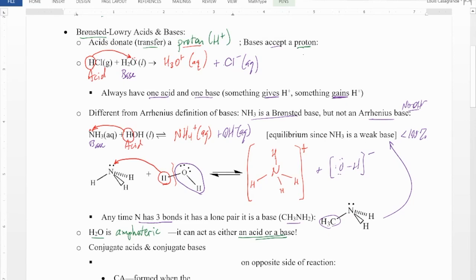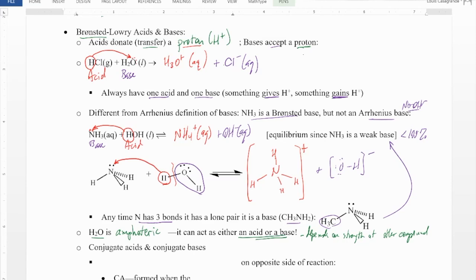And it's going to depend on the strength of the other compound. And so we'll see sometimes water acting as an acid, sometimes as a base. For the purposes of today's lesson and today's homework, it would be pretty obvious to you which one water is going to be acting as.